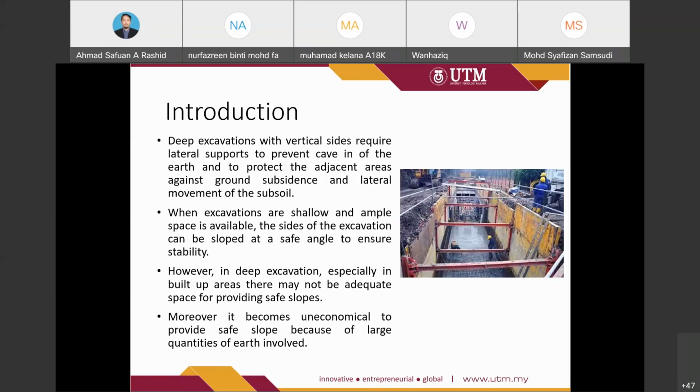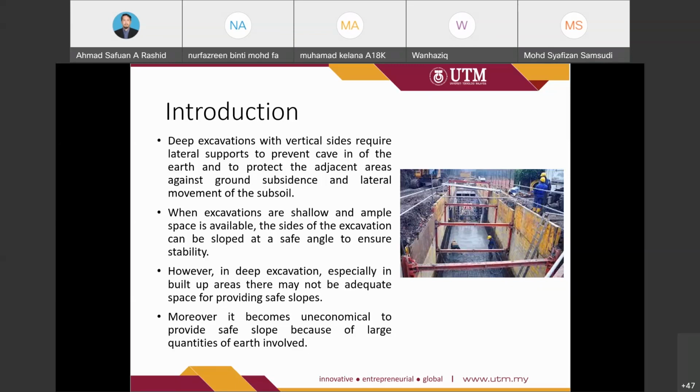When excavation is shallow and ample space is available, the side of the excavation can be sloped at a safe angle to ensure stability. So let's say we have a very huge area and it's very shallow, so there will be no problem for us to construct a slope.